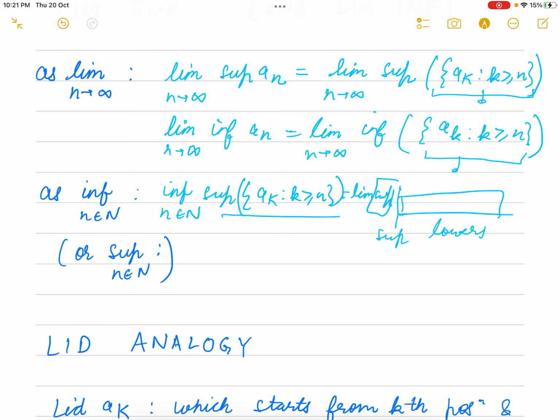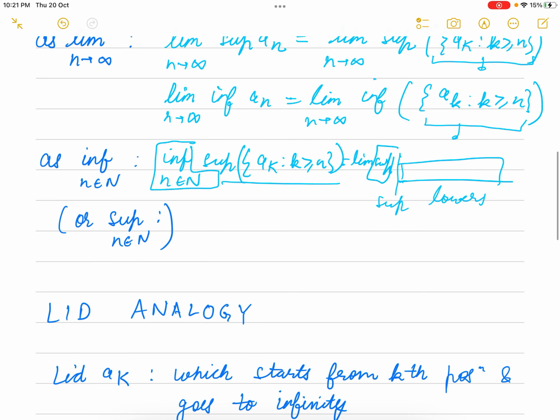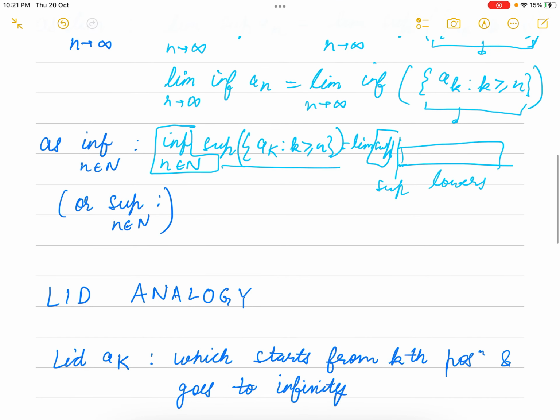So there is a one-to-one correspondence. For lim sup, we have the infimum over the natural numbers, and for lim inf we have the supremum over natural numbers. The most important point to note is that as n increases, the value of the supremum in the case of lim sup decreases because the size of the set decreases.